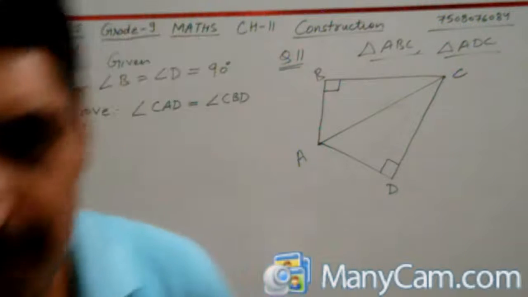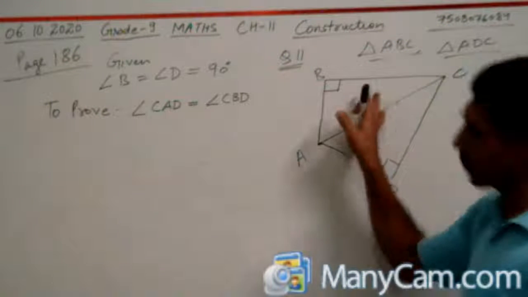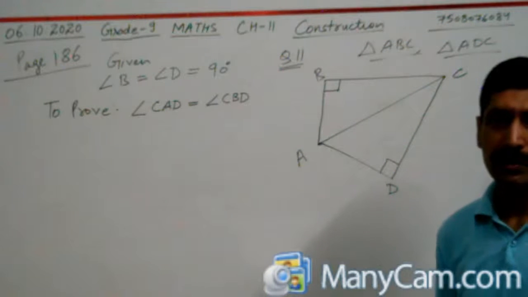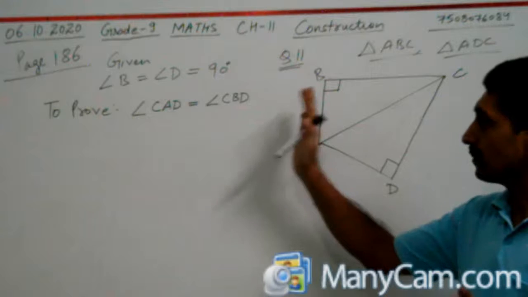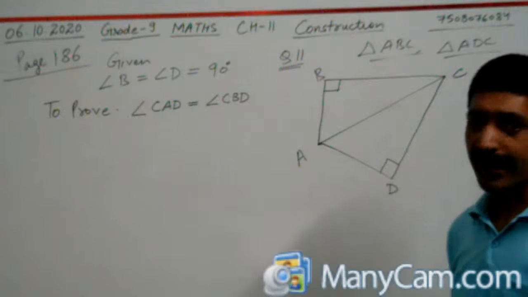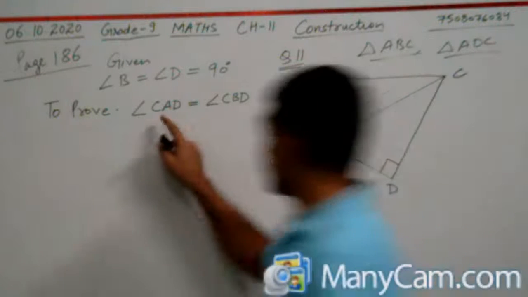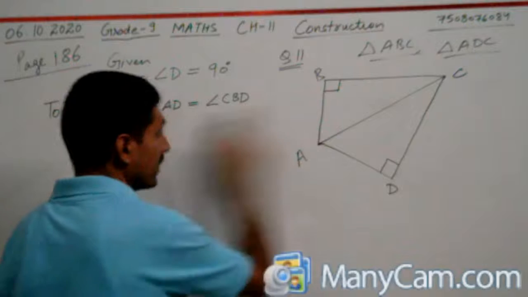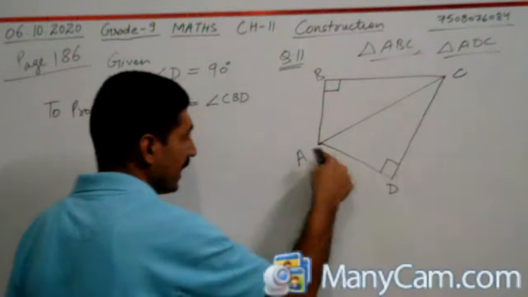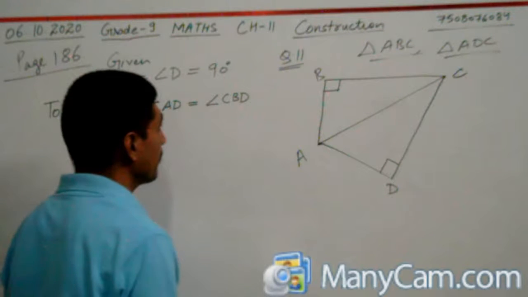So we were doing this question here. What is the question? The AC diagram is not given, so we have to draw the diagram, right? And here we have to join now this angle CAD and angle CBD.